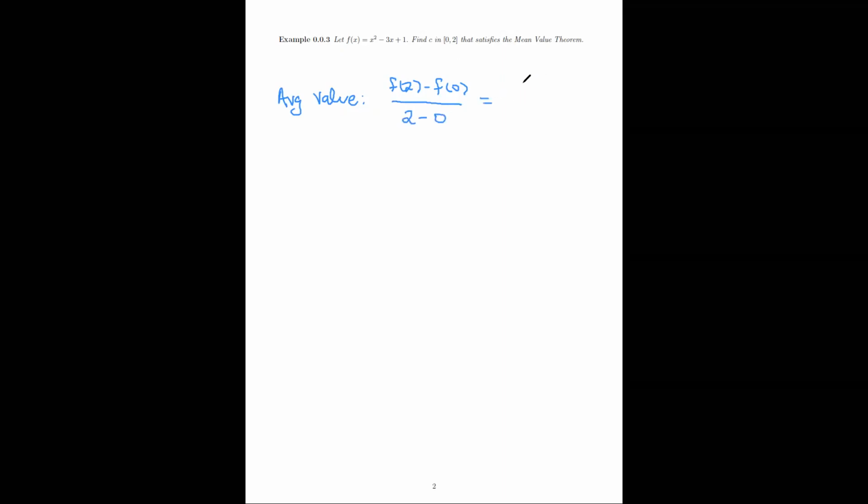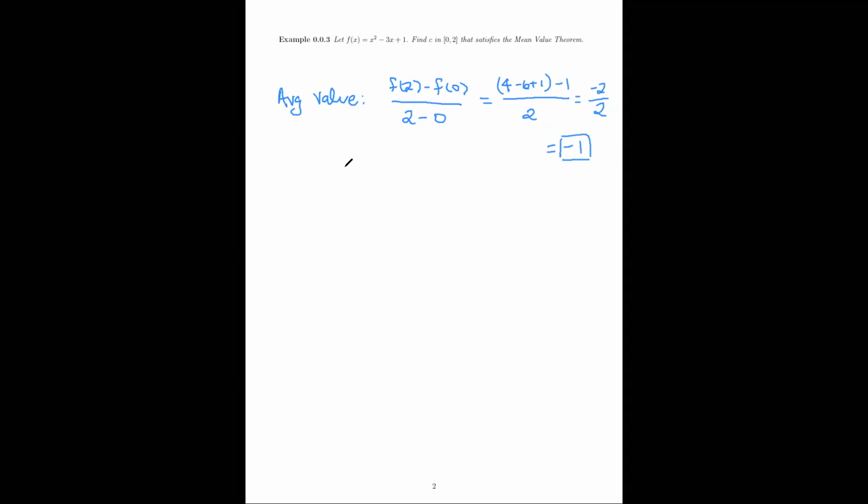If we plug 2 into our function, we get 4 minus 6 plus 1, and we subtract 1 all over 2. That minus 1 is what happens when we plug in a 0 for x. So this gives us negative 2 over 2, which is negative 1. This is the value that we're aiming for.